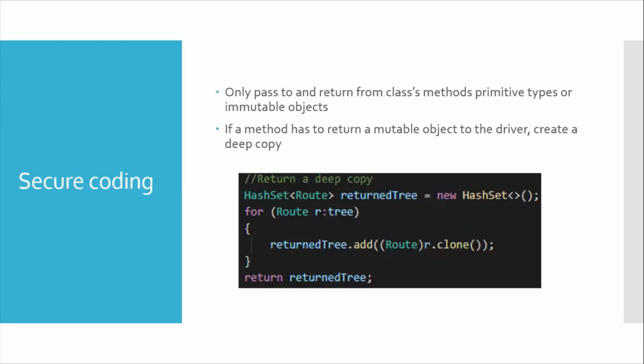And also, I only pass to a class method or return from a class method to the driver primitive data types or immutable objects. If the method returns a mutable object to the driver, it needs to create a deep copy, such as this one. This one needs to create a two-layer deep copy before returning to the driver part. And that's it for my presentation. Thank you for listening.